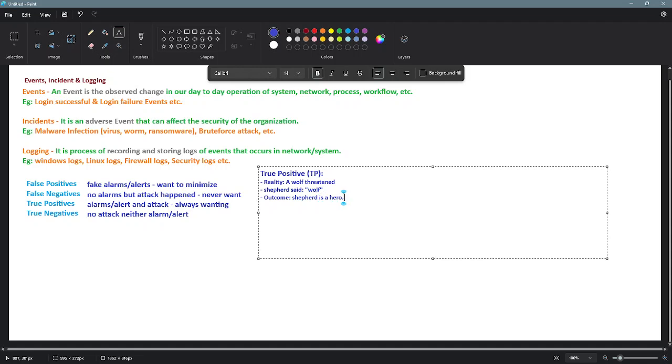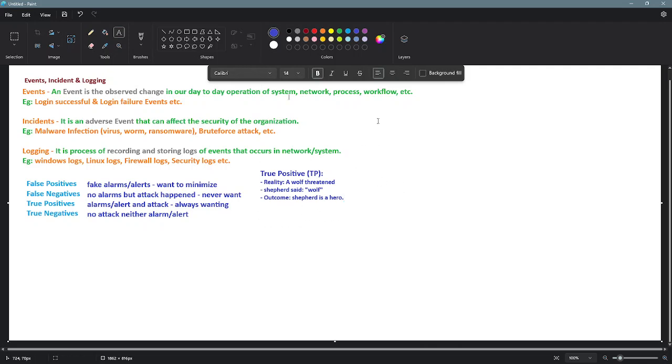So let me explain this in terms of positive. In reality, there is an attack, there is an alert, and the cybersecurity analyst will mitigate the systems or anything else. Okay, this is the first scenario of true positive.